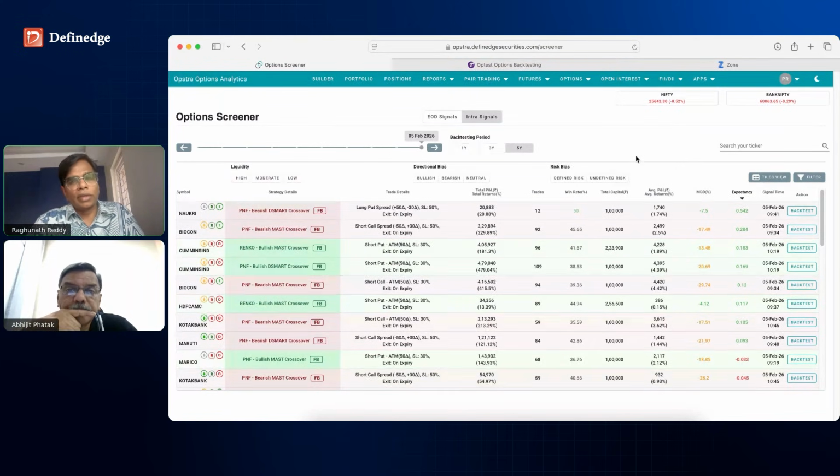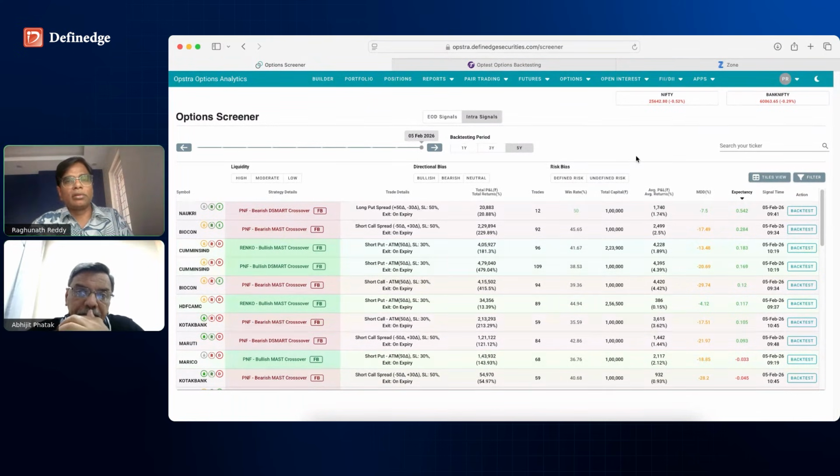So at this point of time, no customization is available. But if you have a strategy that you want to appear here, you can tell us. Then we can include that in our system and backtest it, and if the signal is satisfied, we will show it here. So that's where user input will come into the picture.